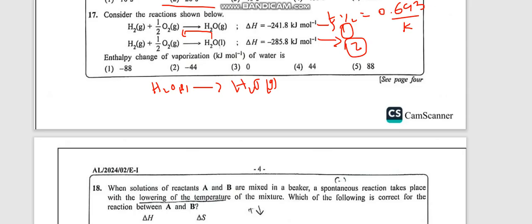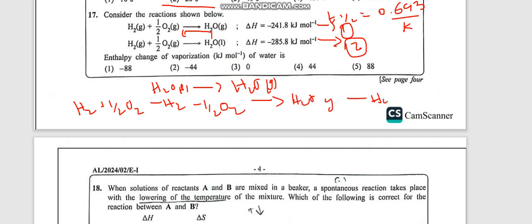Okay. So what I am going to do is I am going to subtract 1 minus 2. Okay, now see H2 plus half O2 minus H2 minus half O2 is giving H2O gas minus H2O liquid. So you can see H2 cancel, half O2 cancel, minus H2O liquid you can bring to other side as plus H2O liquid.